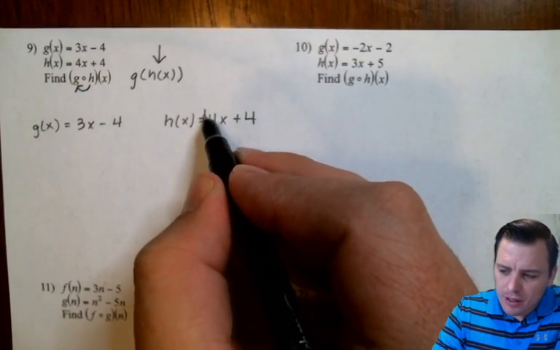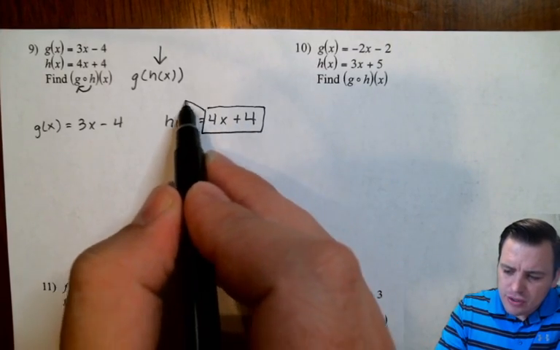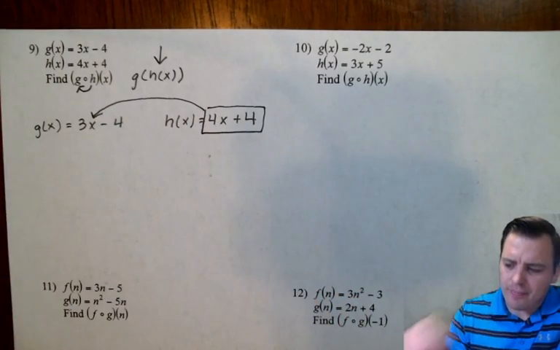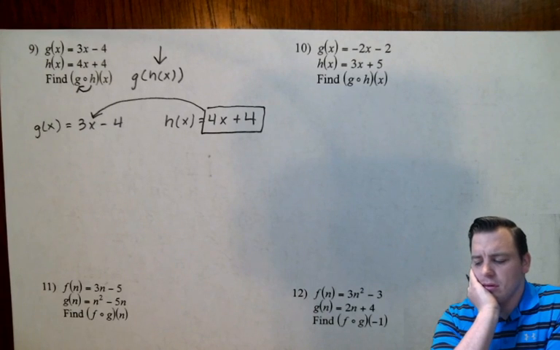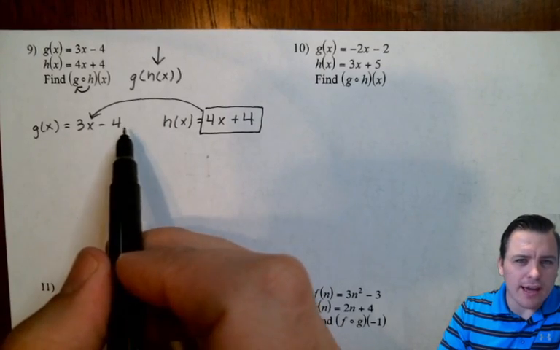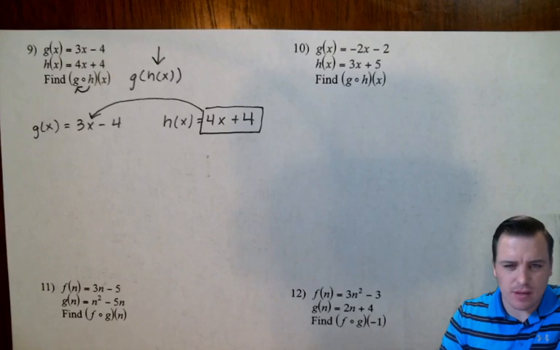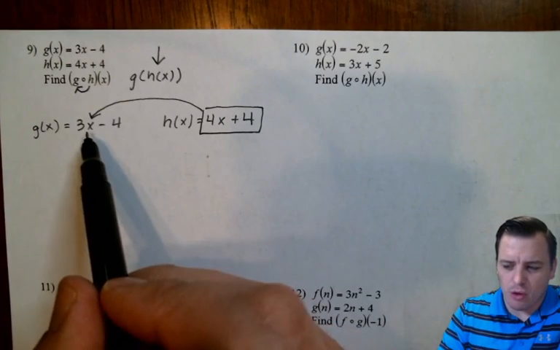I'm going to put whatever h of x is into the x of g. Now, if that had more than one x, I would have to put this h into all x's, okay? But with it just having one, I'm just going to put it in the one.